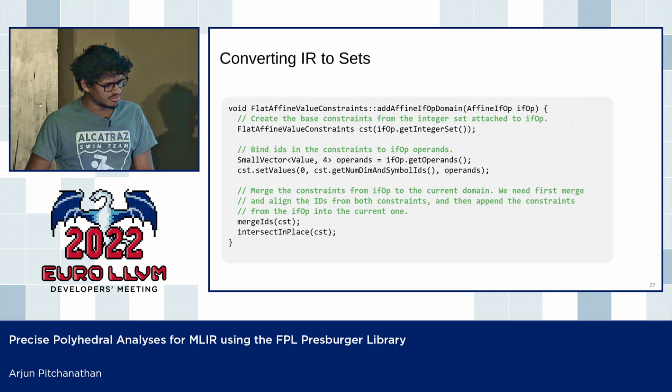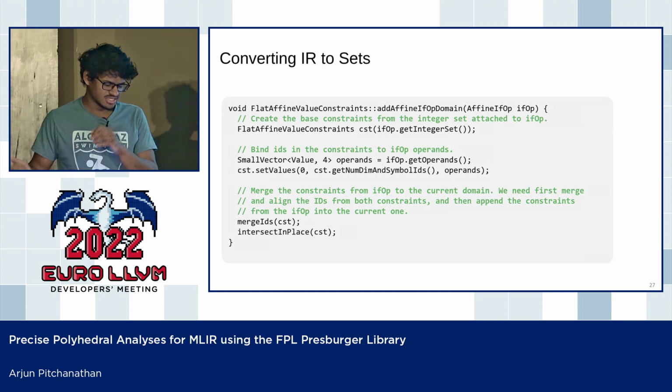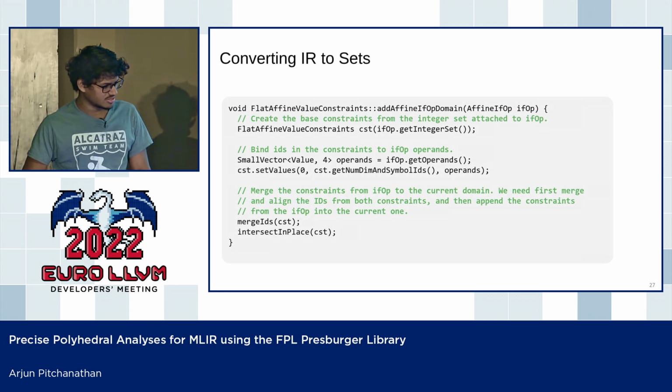And then you remember that we need to associate values from the IR to the IDs of the set so that, for example, when we try to assign the conditional back from the mathematical object, it needed to know what each ID corresponded to. So we'll attach that here by saying constraint set dot set values.